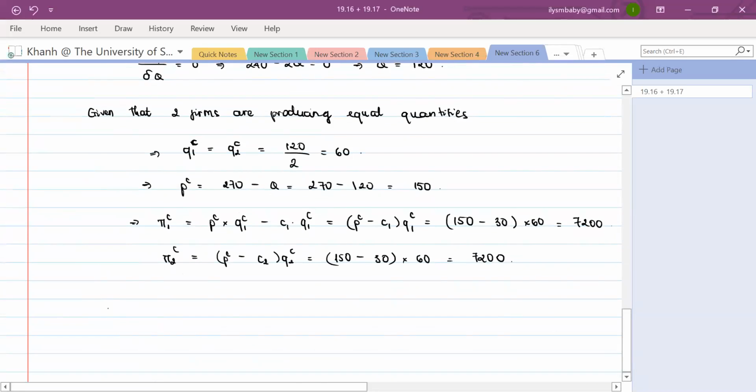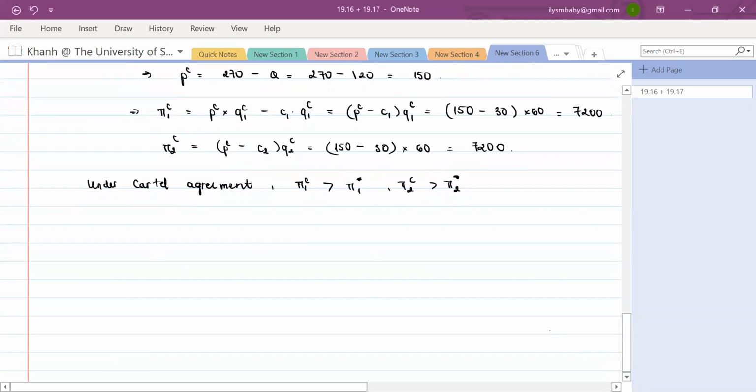Under the cartel agreement, the profit of firm 1 is higher than under the competition, and the profit of firm 2 is the same, which is higher than the profit for firm 2 under the Cournot equilibrium.